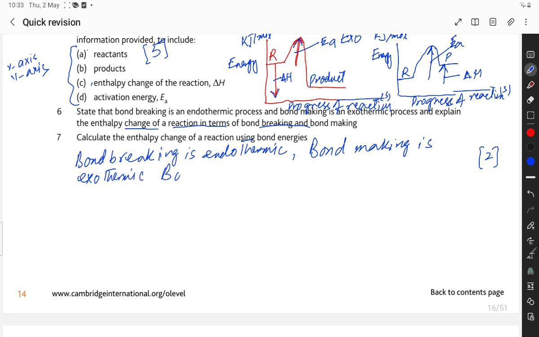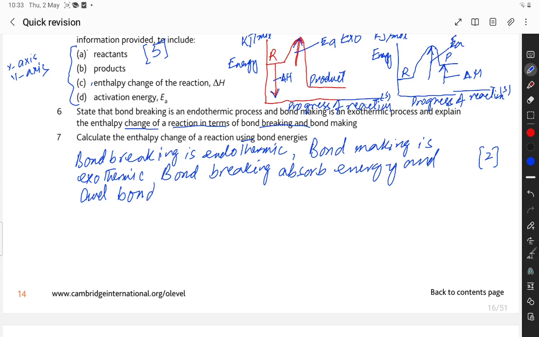Bond breaking absorbs energy, and bond forming releases energy.